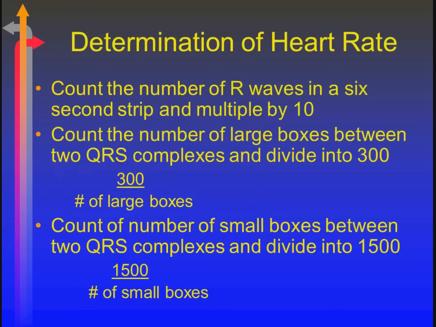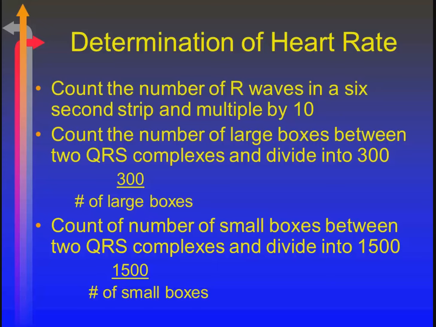Multiple ways to determine the rate. I don't care how you get there as long as you get there. Most strips that you see are 6-second strips. So all you need to do is count the number of QRS complexes, the number of R waves, and multiply times 10. That's a simple way. A little more exacting is to count the number of large boxes between two subsequent QRS complexes and divide that number into 300.